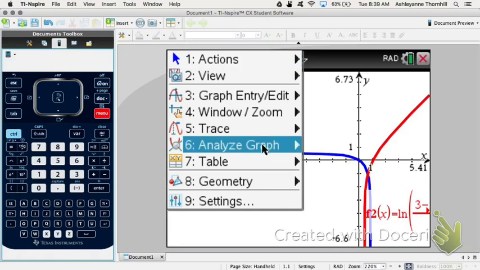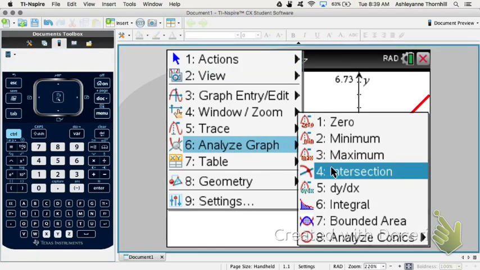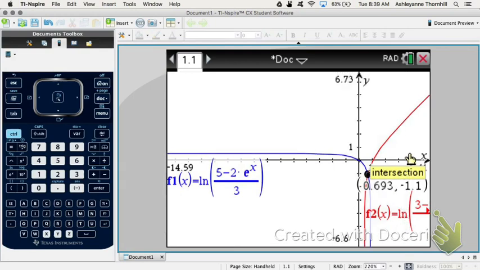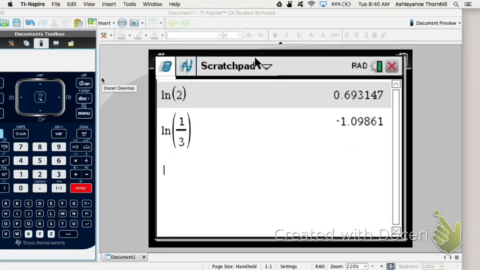So menu, analyze graph, intersection, just scroll over, and you get 0.693 and negative 1.1. So my intersection was at 0.693 and negative 1.1.